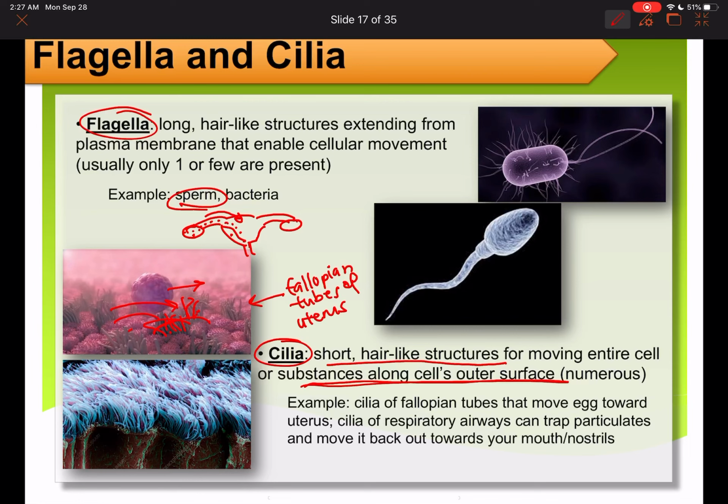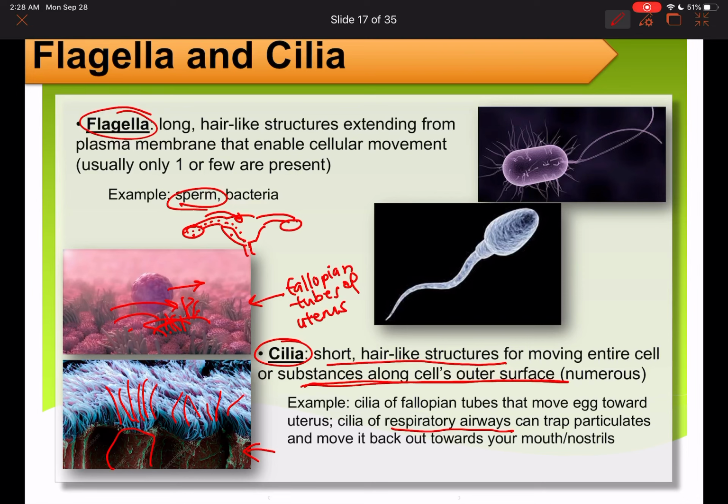The other example of cilia lining all over the place is within our respiratory airways, for example in our trachea. This is a SEM image of our respiratory cells with tons of cilia on top of the cells that line our trachea.